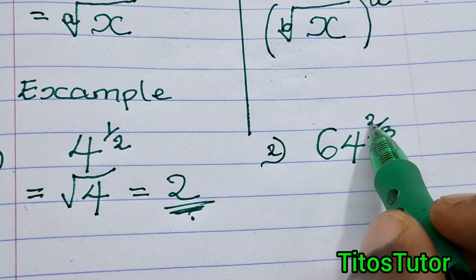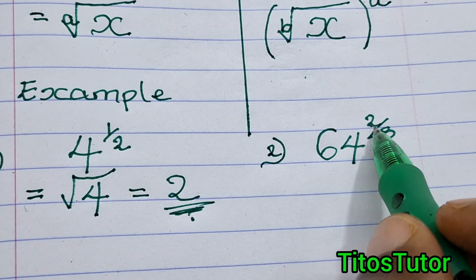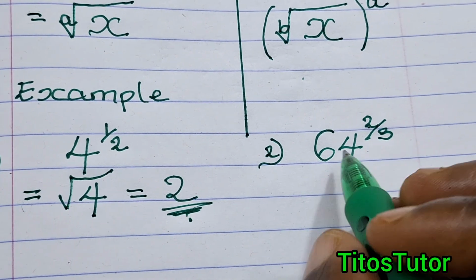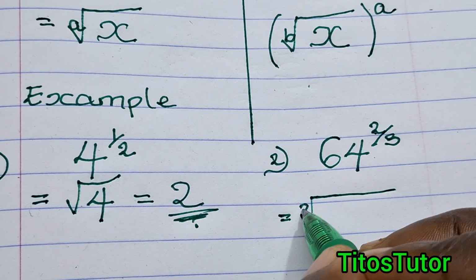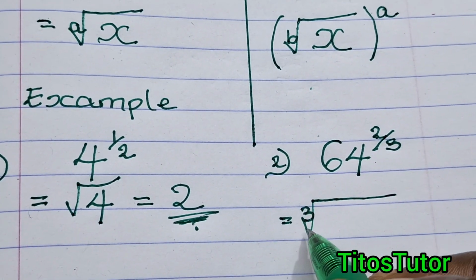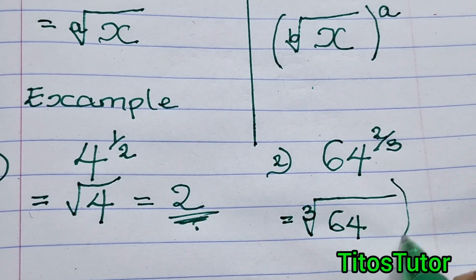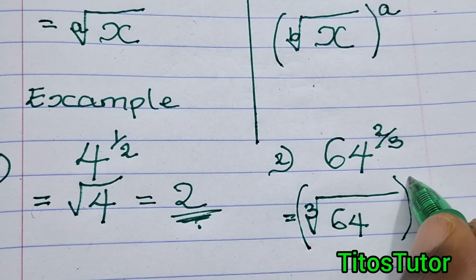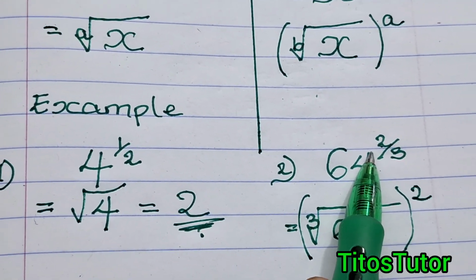In this case, the numerator isn't 1. It is 2. But the denominator is 3. And remember that it is the denominator that goes to the root. So this is the cube root of 64. Then you put that in a bracket and square your answer because the numerator is 2.